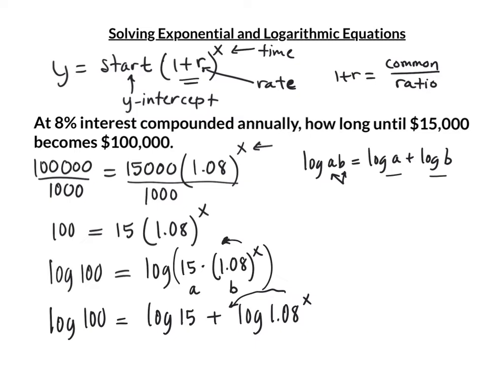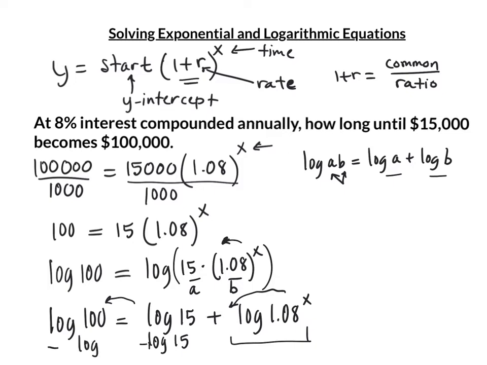I couldn't do it here because I had two things multiplied, but I can combine a couple of steps here. I need to solve for x, and when I bring it down, I'm going to have to move this to the other side because I need to get this piece by itself in order to divide and solve. So to save some time, I'm going to subtract the log of 15 from each side.